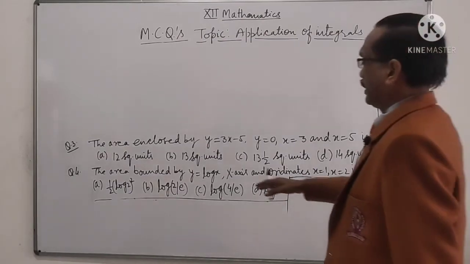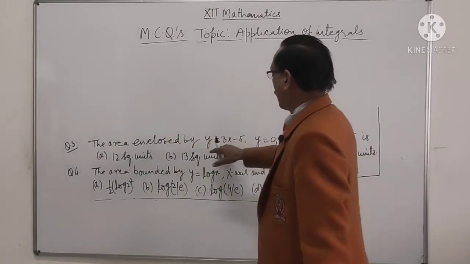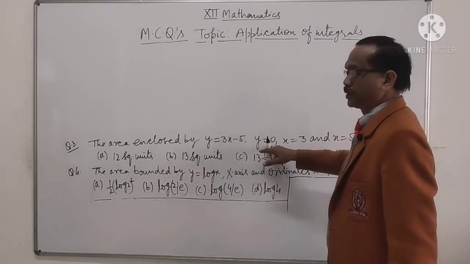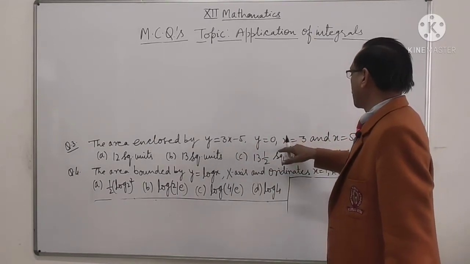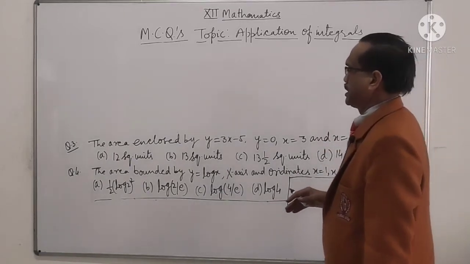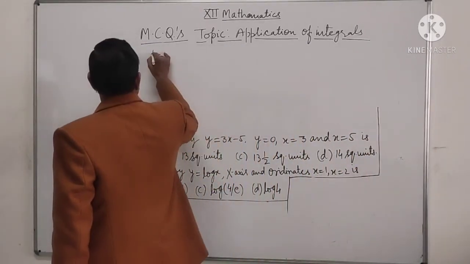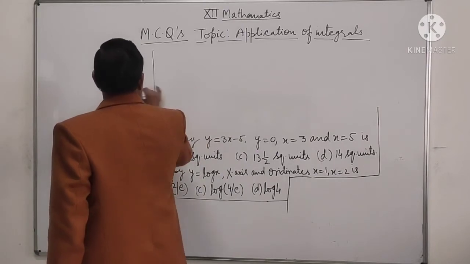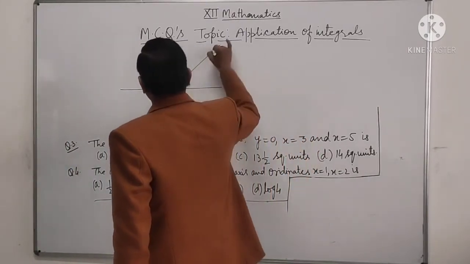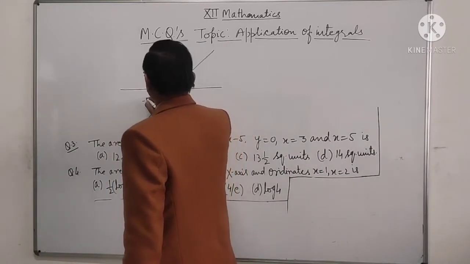Now question 3. The area enclosed by y equal to 3x minus 5, y equal to 0 means x-axis, x equal to 3 and x equal to 5 is. So here y equal to 3x minus 5 is a line whose y-intercept is minus 5.